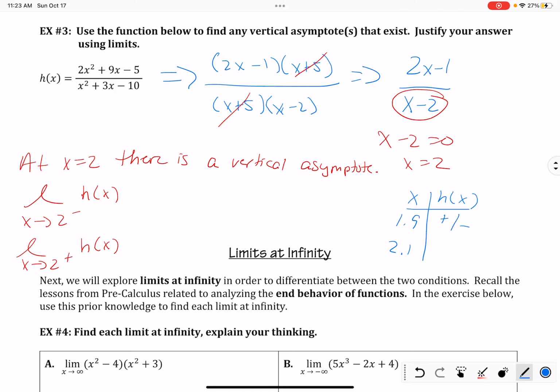If you plug in 1.9, you'll get positive over negative, which of course is negative, and then if you plug in 2.1, you'll get positive over positive, which of course is going to be positive. So as you approach from the left, this equals negative infinity. If you approach from the right, it equals positive infinity. Okay, just kind of using the new definition with limits to justify the vertical asymptote. Okay, so nothing crazy there. You've seen this a bunch of times.